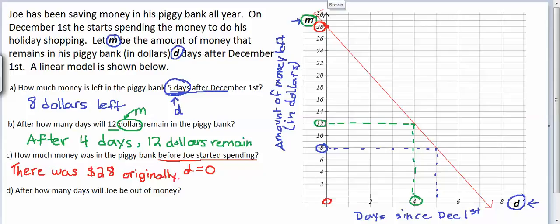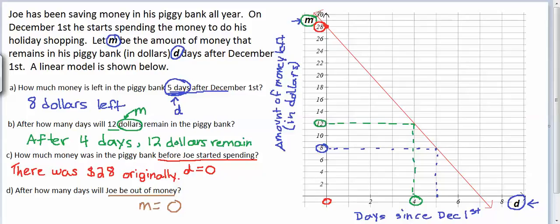All right, and finally the question they ask here, switch colors one more time. After how many days will Joe be out of money? So if he's out of money, that means his money is 0, so 0 is going to equal something. The variable for money here, the amount of money, was M, so we're looking at the case where now M equals 0.